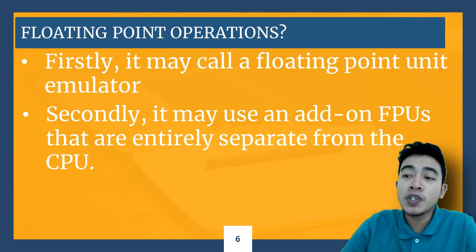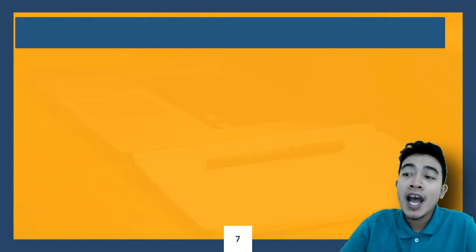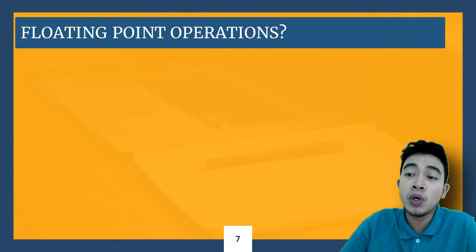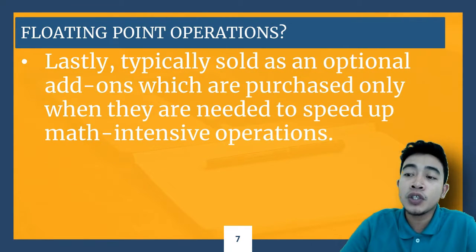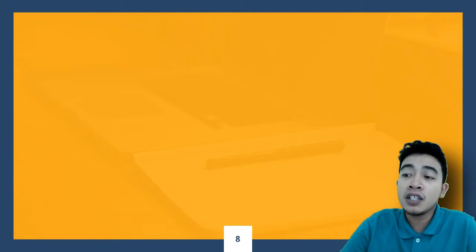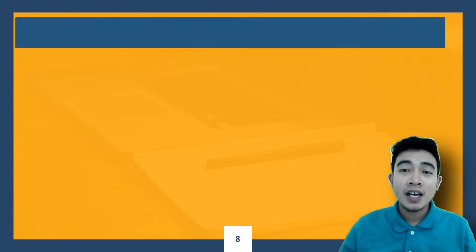The emulators can save the added hardware cost of an FPU but are significantly slow. Secondly, it may use add-on FPUs that are entirely separate from the CPU and are typically sold as optional add-ons which are purchased only when they are needed to speed up math-intensive operations.